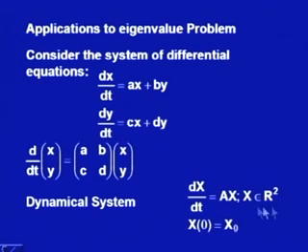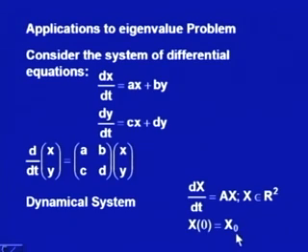Now, together with this differential equation, it is not a single equation, it is actually a system of equations, and this system of two differential equations can be written in a compact form in this matrix differential equation, and this has to be solved under specific initial conditions. So, we specify the initial conditions as x at t is equal to 0 is equal to x naught.